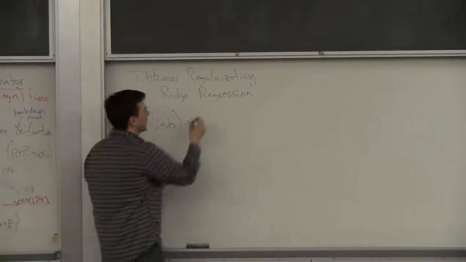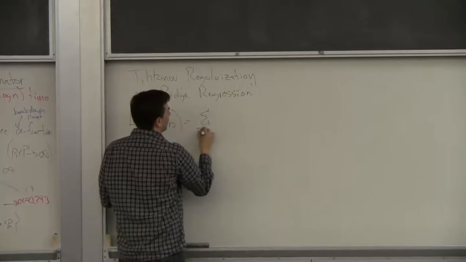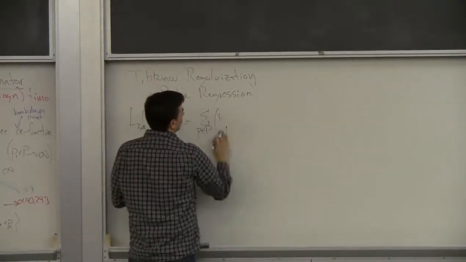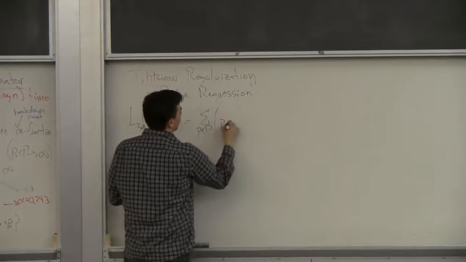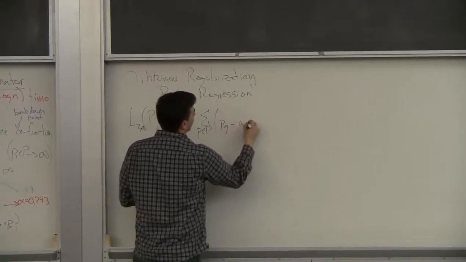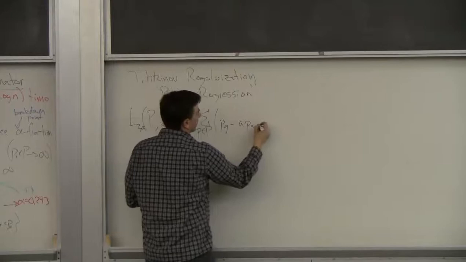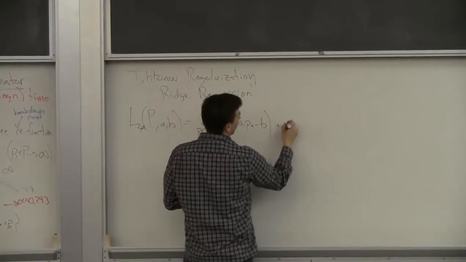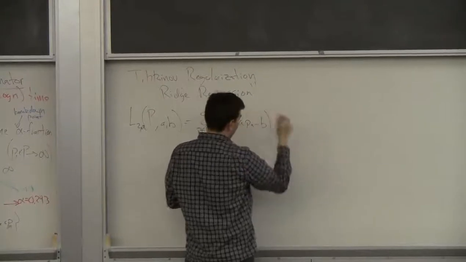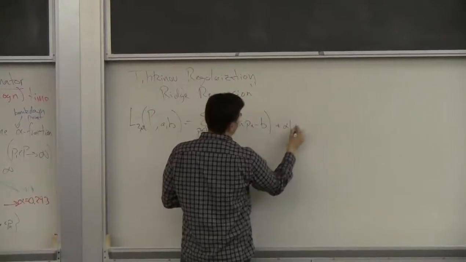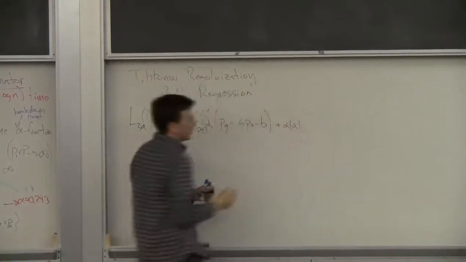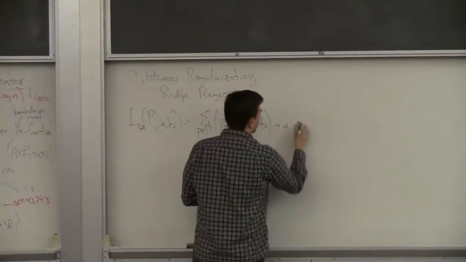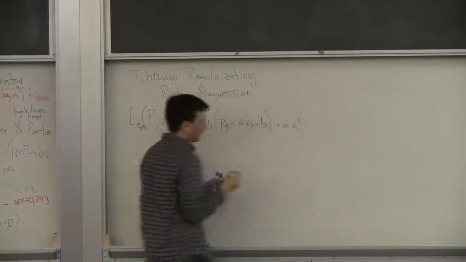Where it's going to be the sum of (p_y minus a p_x minus b) squared, and then I'm going to add on this extra term here, alpha A squared.